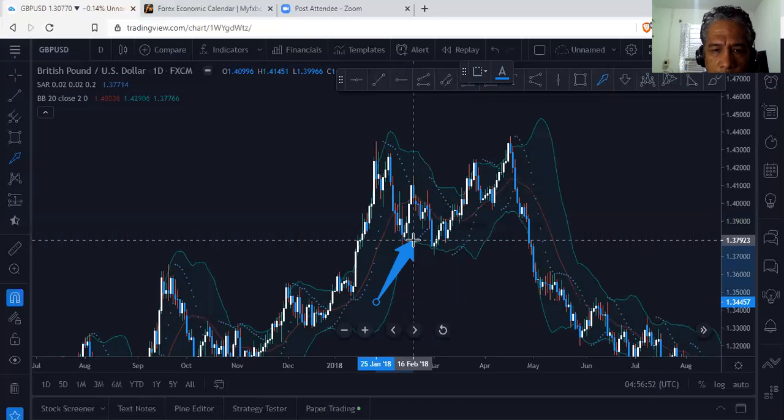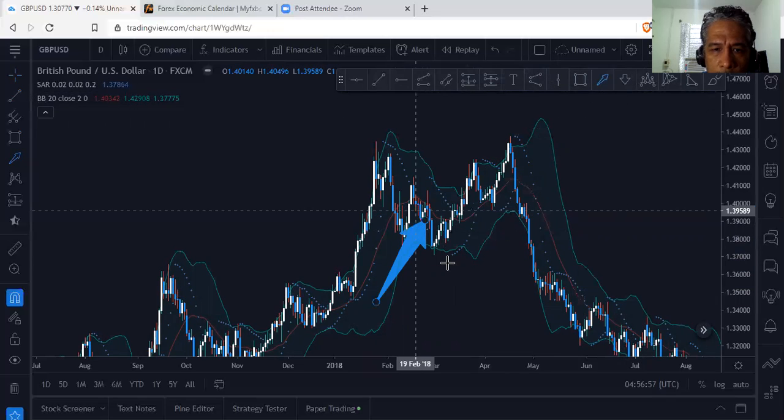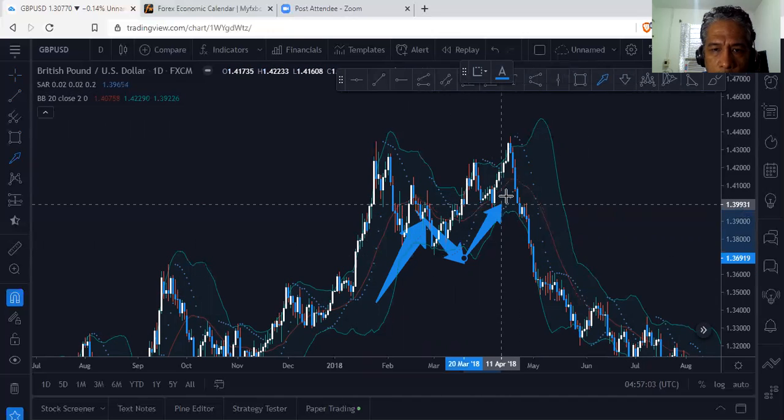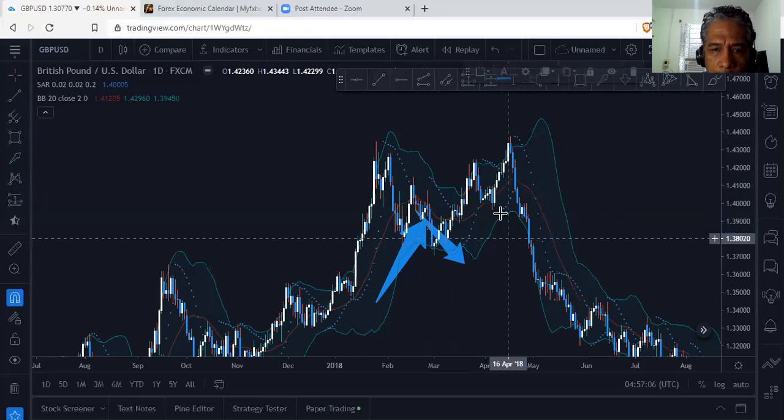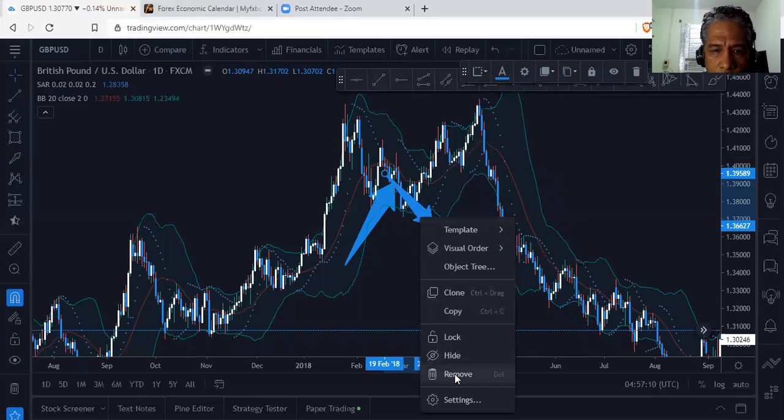This is the M. One, then move down, move up, then move down. But actually, the perfect one is the one that I drew.